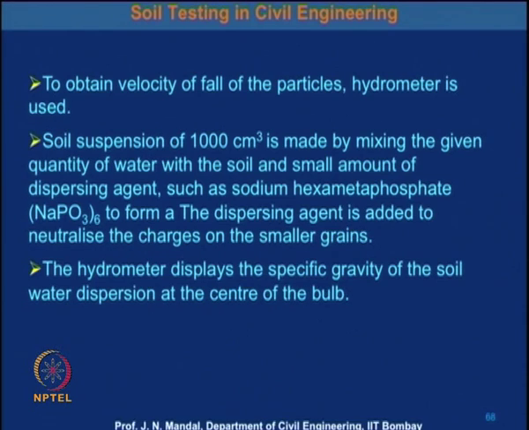A soil suspension of about 1000 cubic centimeter is made by mixing the given quantity of soil with water and a small amount of dispersing agent such as sodium hexametaphosphate, NaPO3 6, which is added to neutralize the charges on the smaller particles or grains.